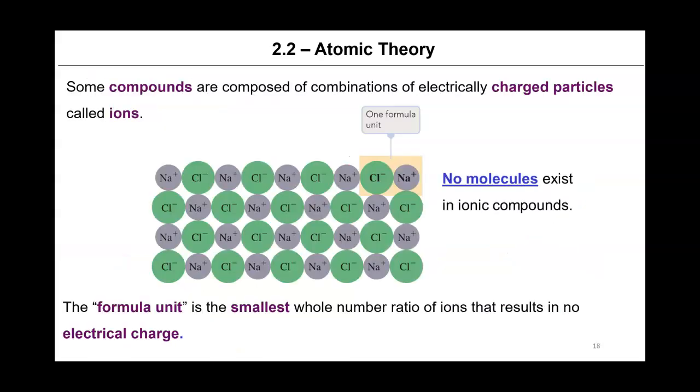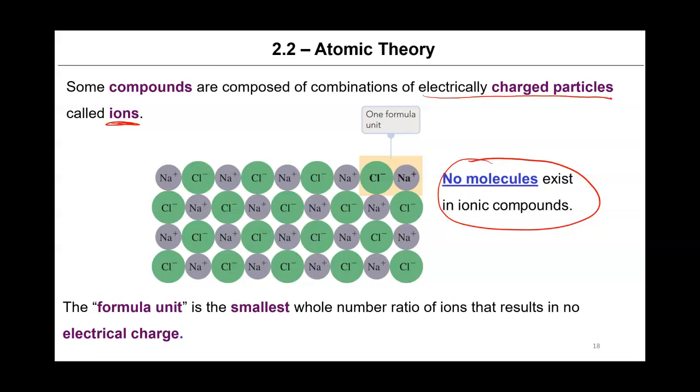Now, it's important to recognize that not every compound is composed of molecules. Some compounds are composed of electrically charged particles. These are called ions. And so it's important to realize that no molecules exist in compounds made of ions.